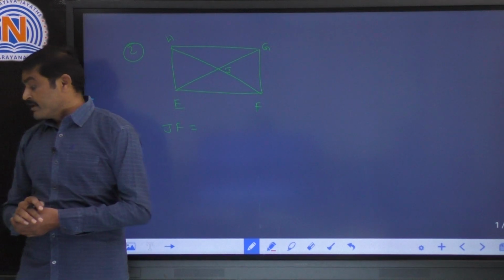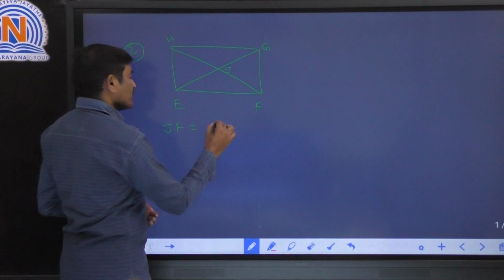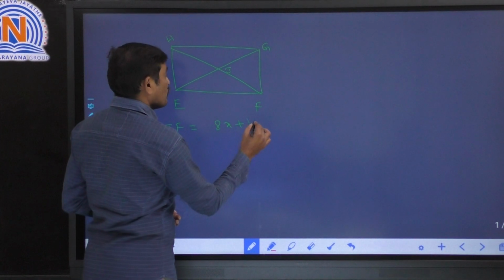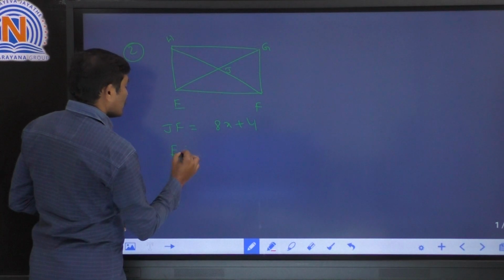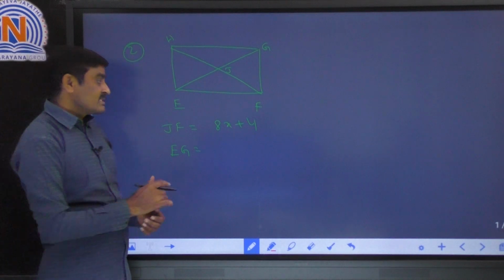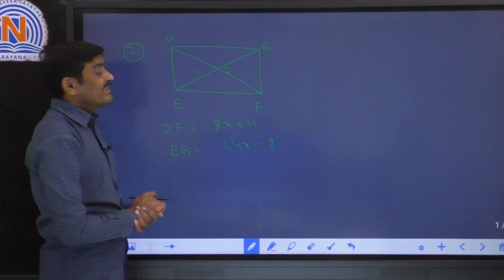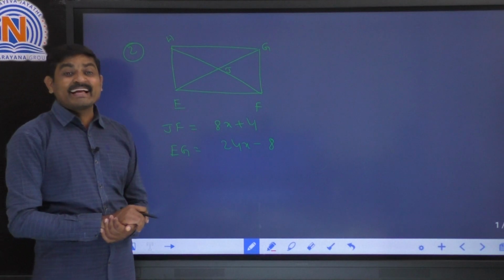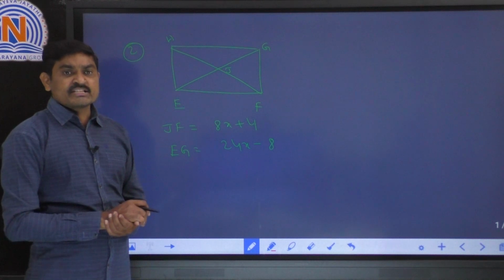What is the JF value? 8x plus 4. And also EG is given. EG is equal to 24x minus 8. Here we know that in a rectangle the diagonals are equal and bisect each other also.